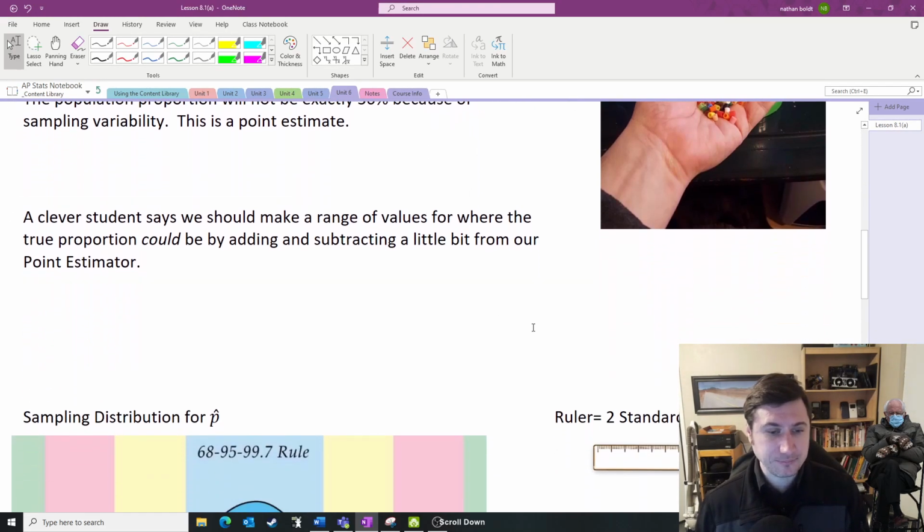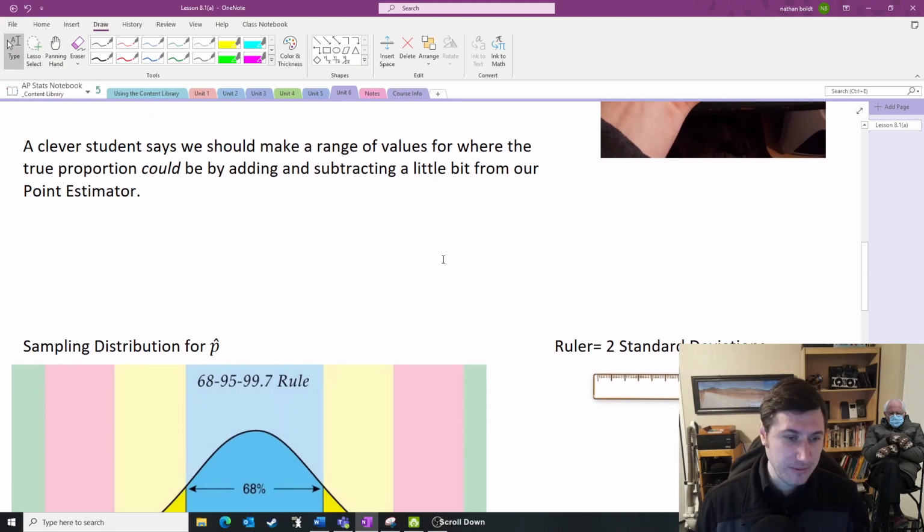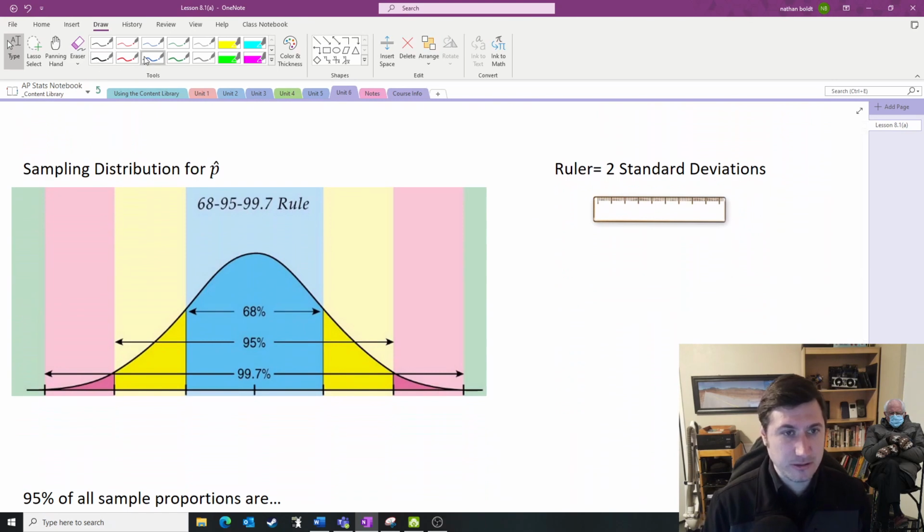Now let's say I'm still on the beads. Let's say we create a sampling distribution for the proportion of red beads, for p hat. Remember, p hat is the proportion for a sample of 200 beads.